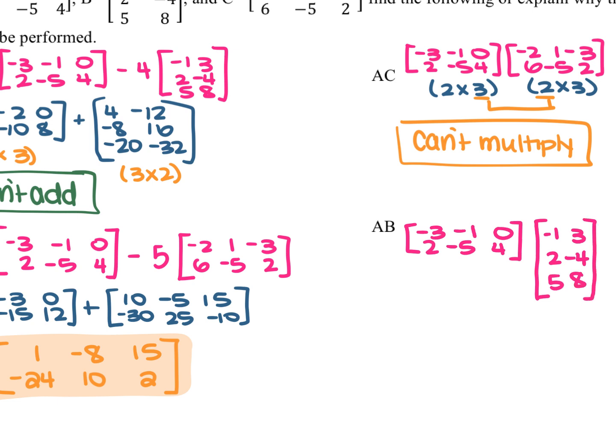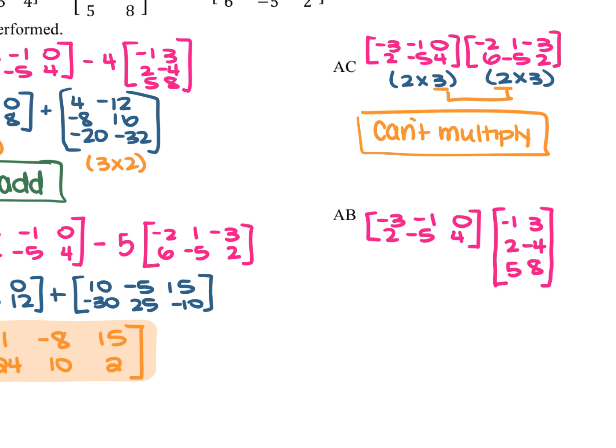So look to see if you can actually multiply these together first. You have a 2 by 3 times a 3 by 2. The two middle numbers are the same, so use your outside numbers to know what kind of matrix you're going to have as your answer. The outside numbers you have are 2 and 2, so that's going to be a 2 by 2 for your answer.